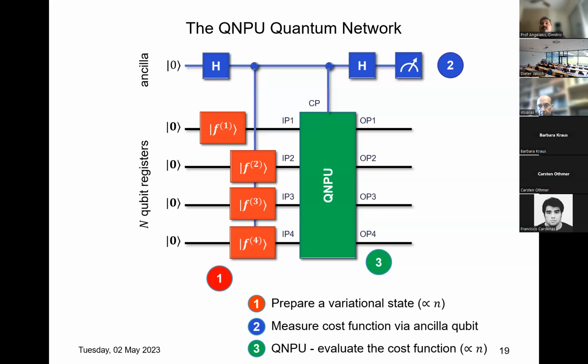Dieter? Yes? Looking at this diagram once more, it reminds me of some early works by Arthur and Carolina, like 10 or 15 years ago, with this interferometric approach. Instead of the QNPU, if you put a swap, and put a few copies of a, then measuring the ancilla, the visibility in the fringes gives you the trace, actually the overlap of your states.